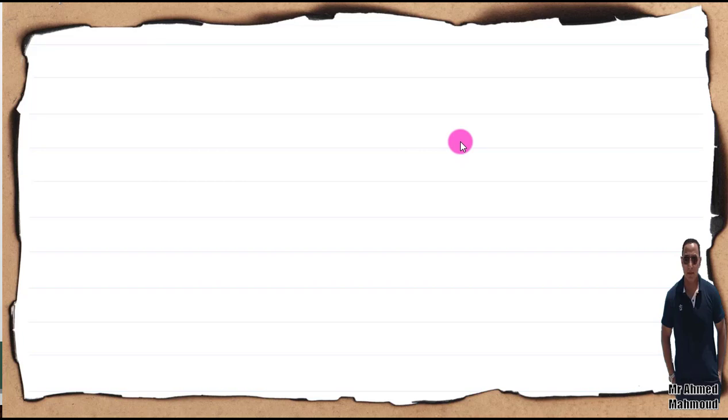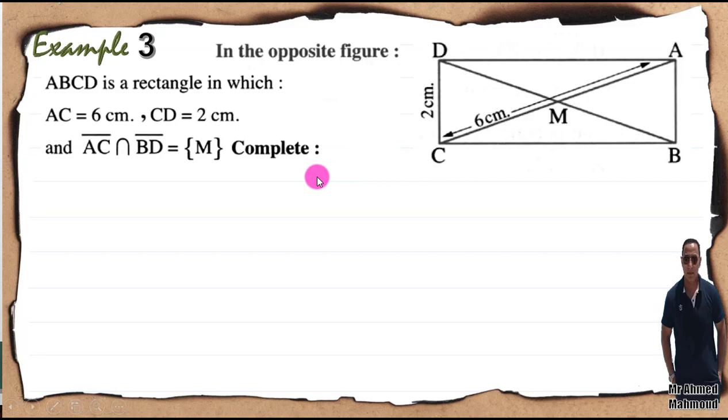Now let's start with example 3. In the opposite figure, ABCD is a rectangle in which AC equals 6, CD equals 2, and AC intersects BD at M. Complete the following.